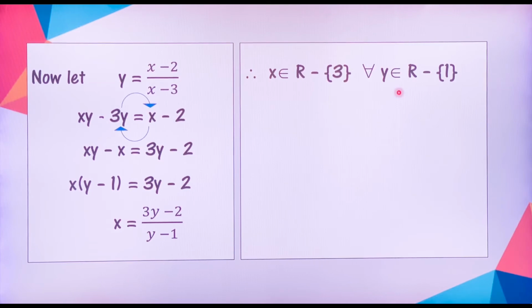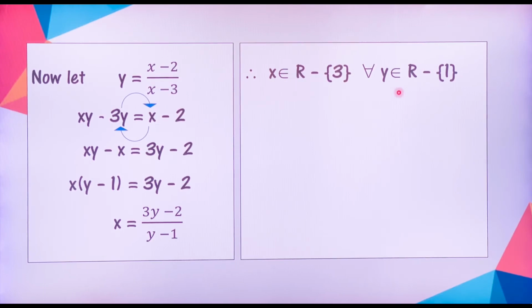See, if we take x is equal to 3, we get y is equal to (x minus 2) divided by (3 minus 3), that is equal to (x minus 2) by 0. Since division by 0 is not possible, it is infinity.